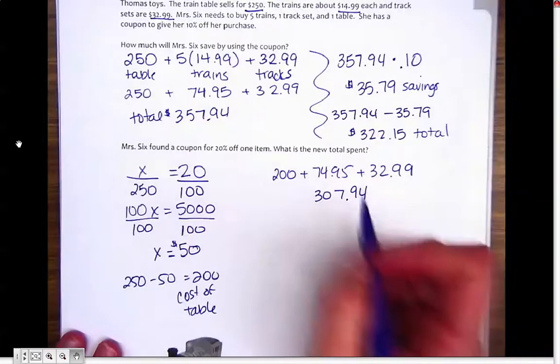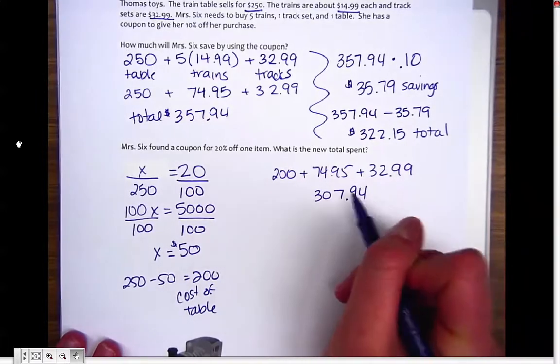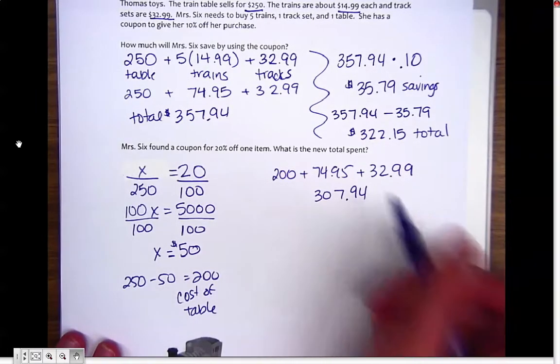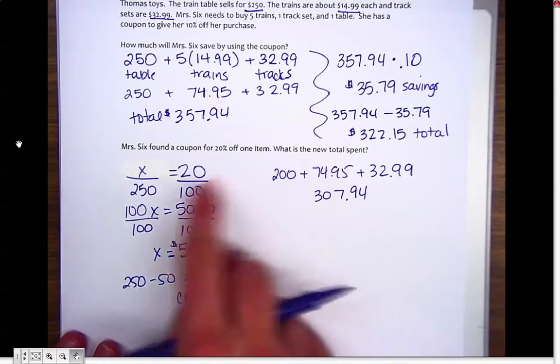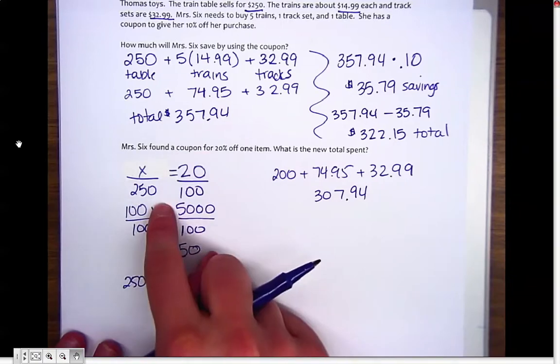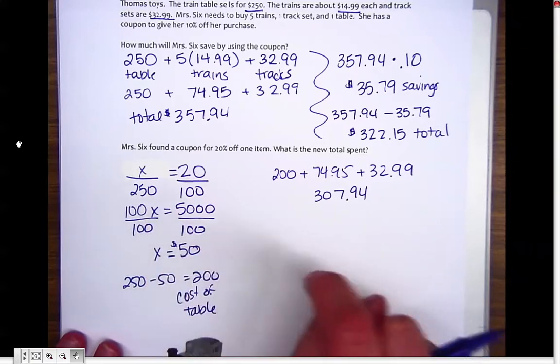So now I can take my $307.94, and I want to find what 10% off of it is. So let's actually use the same strategy, but let's flip it around and look at it another way. If I'm getting a 10% discount, that means that I'm going to pay 90% of the original cost.